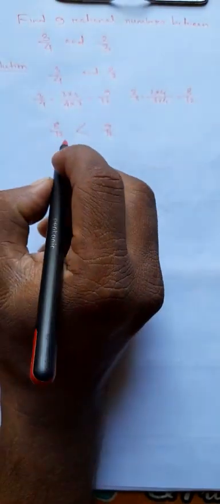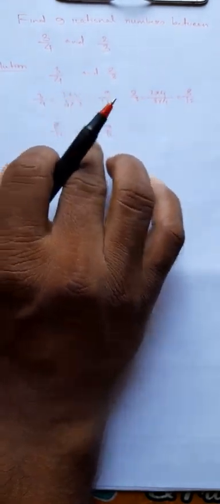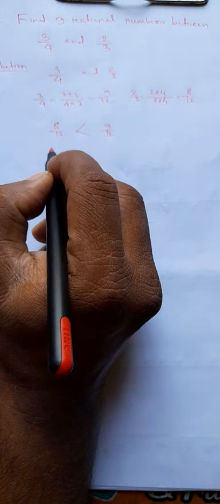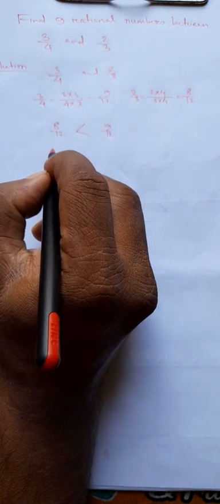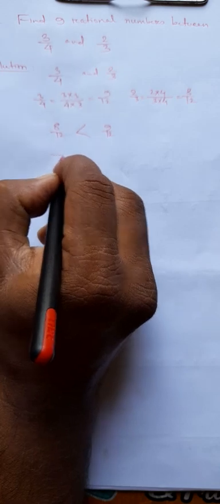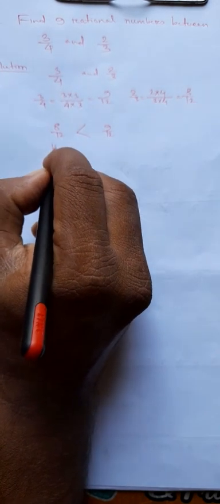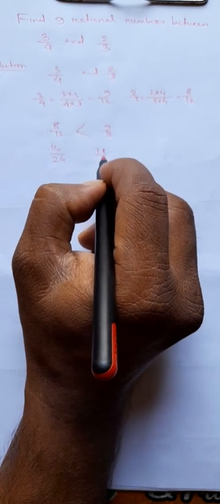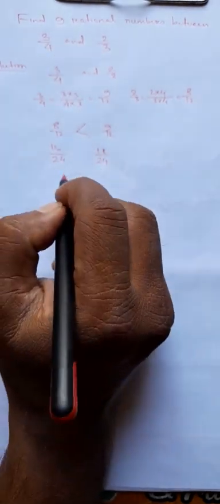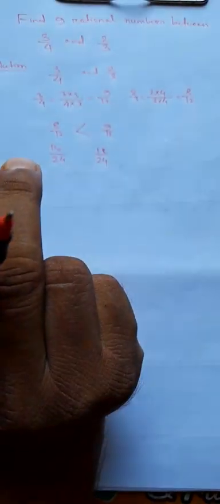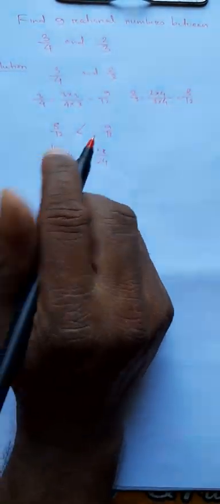Now it is difficult to imagine 9 rational numbers simply by observing these two fractions. So we will try to convert this into equivalent fractions. Say for example, you can write it as 16/24 and 2 9s are 18, 18/24. Now in between 16 and 18 you can imagine one rational number, that is 17/24.